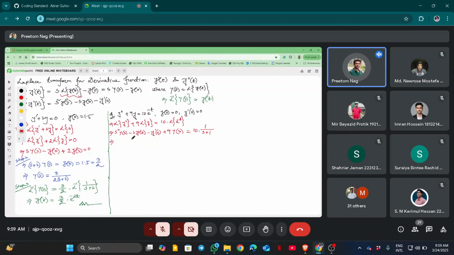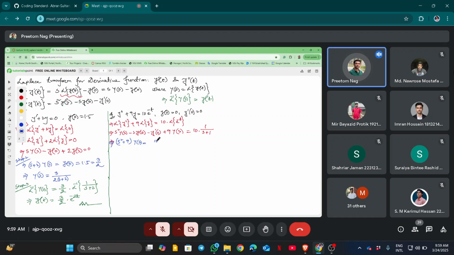Therefore, now collecting all Y(s) terms in step 2, we'll have s squared plus 9 times Y(s). y(0) is 0 and y prime(0) is 0, so the second term and third term now become 0.